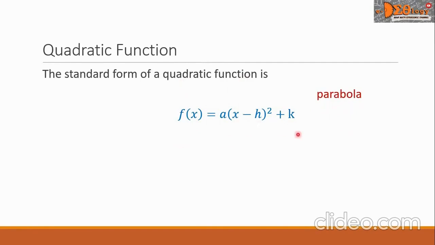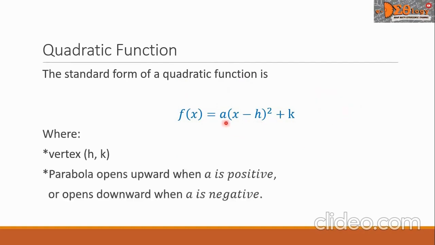In the standard form, we can see here the h and the k, and that is exactly the vertex of the parabola. Also, this a gives a very special idea. The parabola opens upward when a is positive, or the parabola opens downward when a is negative.